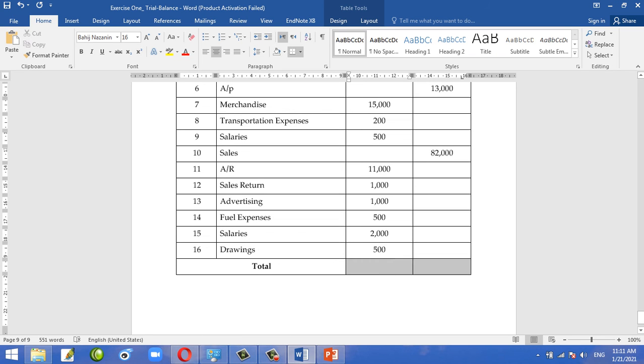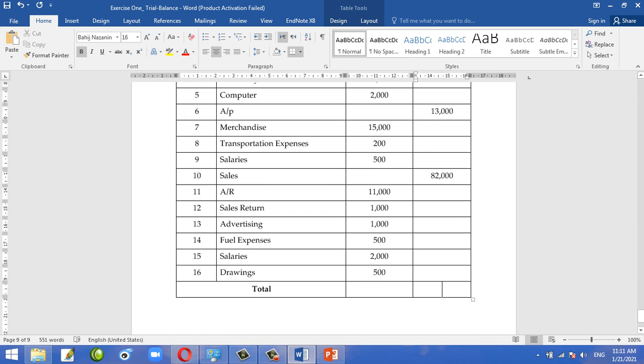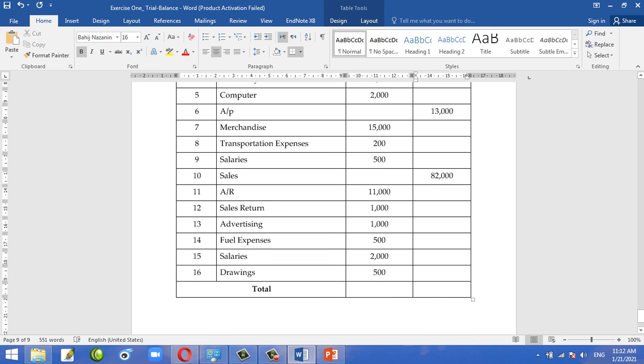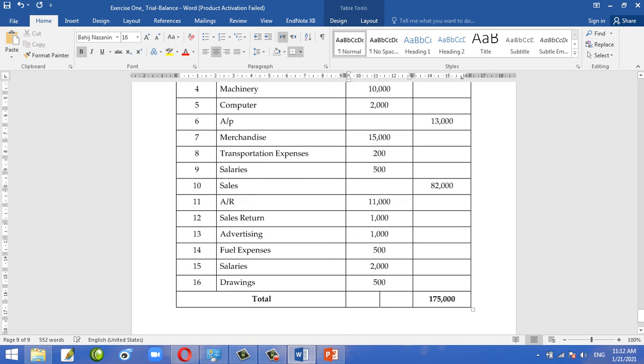We have tried the total of them here, so we are calculating them. So 80,000 plus 13,000 plus 82,000 is equal to how much? 175,000 Afghanis. Now come to this side.